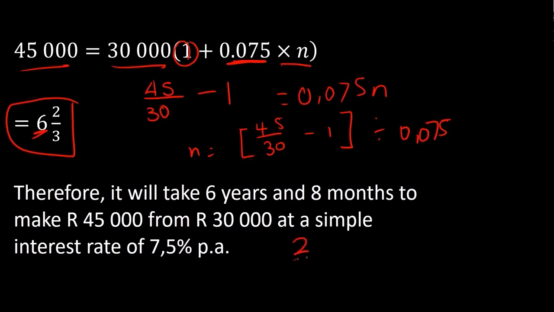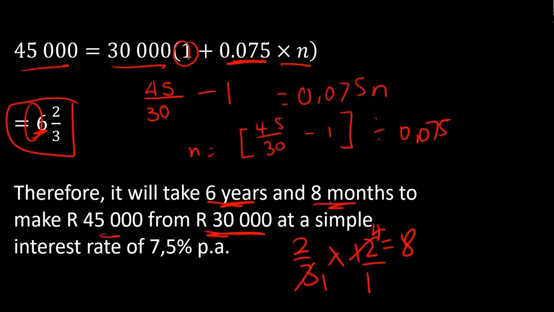We're going to take 2/3 multiply by 12 over 1, and we end up with, 3 goes into itself once, into 12 4 times, we end up with 8. So therefore it will take 6 years, which is your whole number, and 8 months to make 45,000 Rand from 30,000 Rand at a simple interest rate of 7.5% per annum.